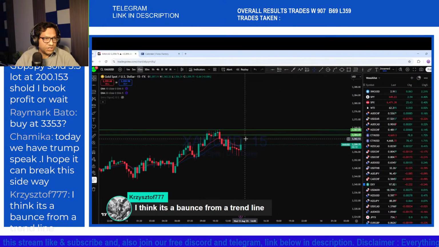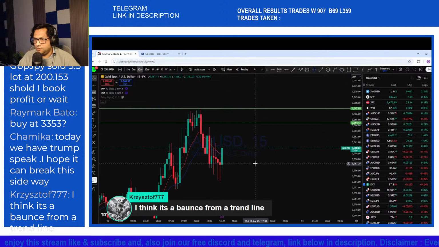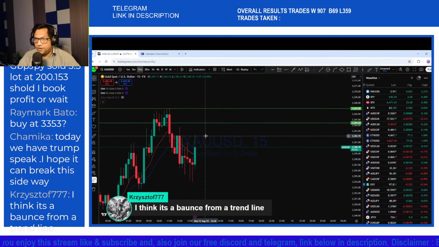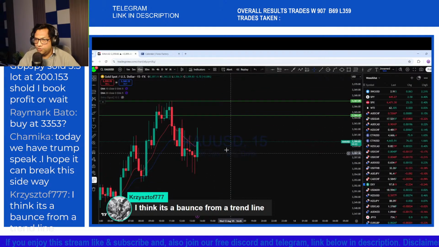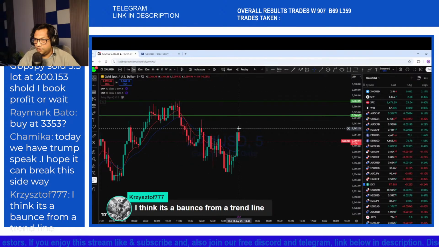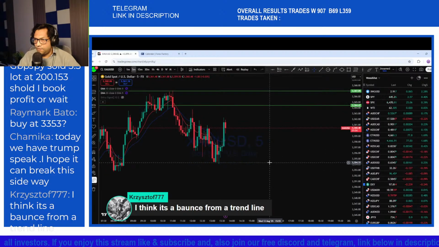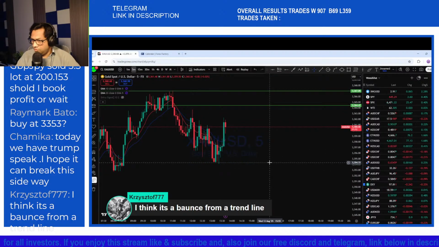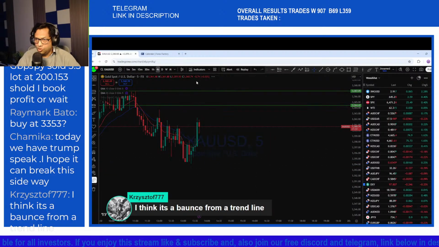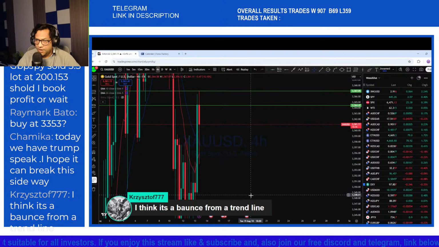Slowly getting that rejection back below here on Xauusd, and that rejection from the 50 minutes, we can see the price coming down from this resistance line, and we'll be waiting for the 4-hour close to see if the market is trending back below here.